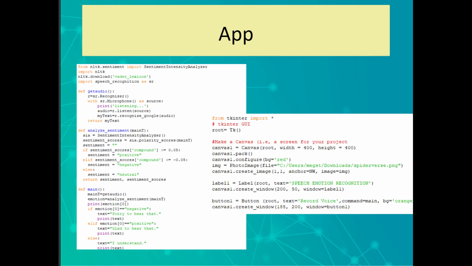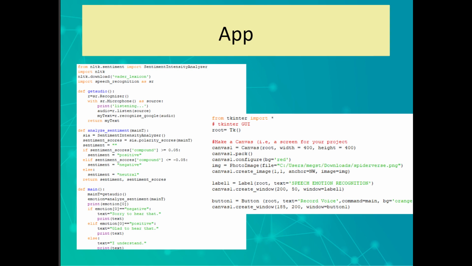And the main function calls everything and is run through the code. The extra line I mentioned, you can see all the way on the bottom: if it's negative, it would say sorry to hear that, or if it's positive, it would say glad to hear that.